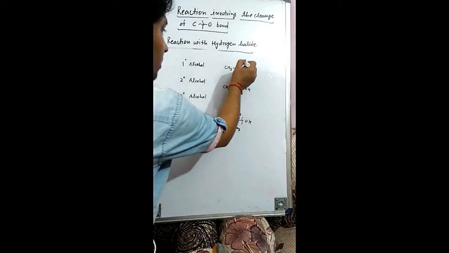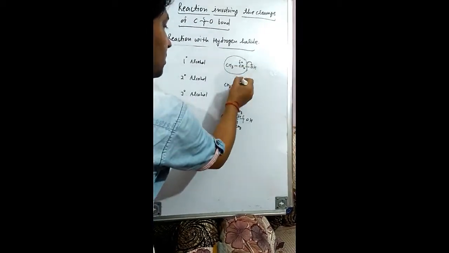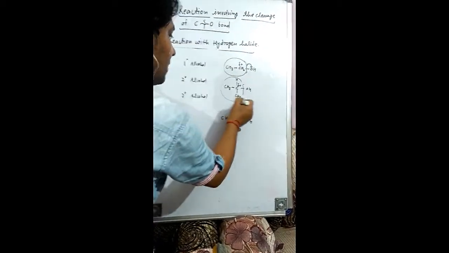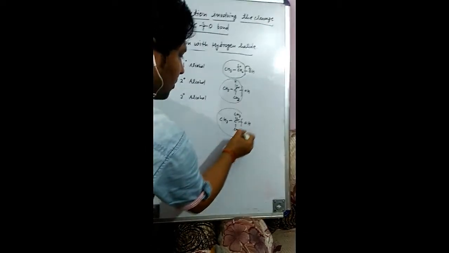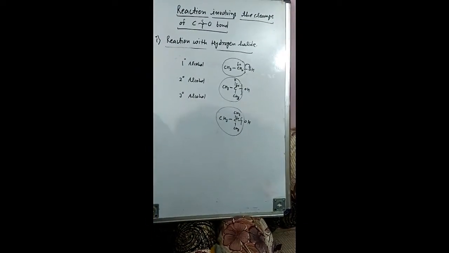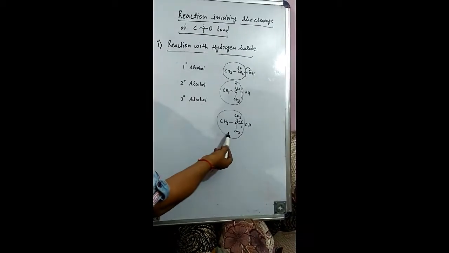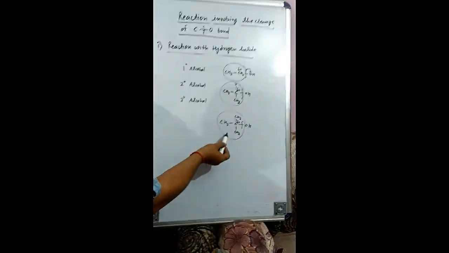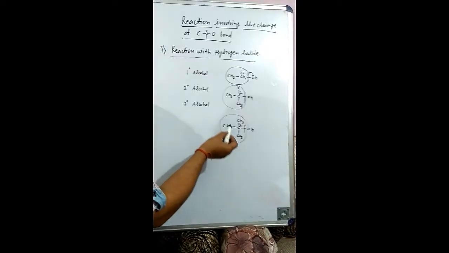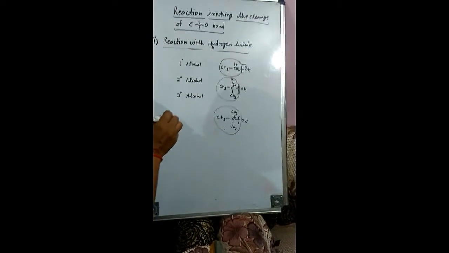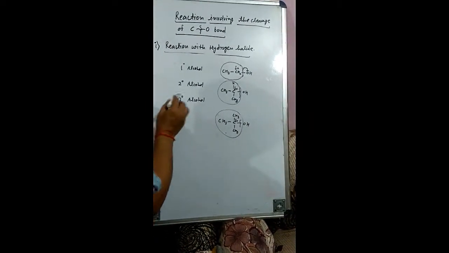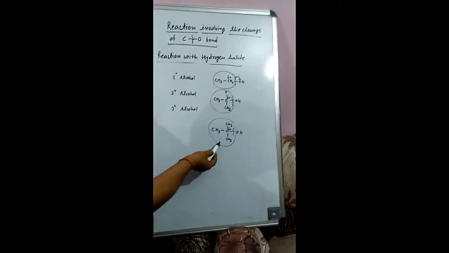Now this is a carbocation, this is also a carbocation, this is also a carbocation. The tertiary carbocation is more stable. That is why it will give the turbidity immediately, because it gives us the tertiary carbocation, which is more stable.